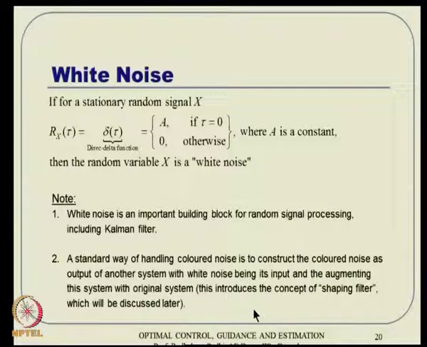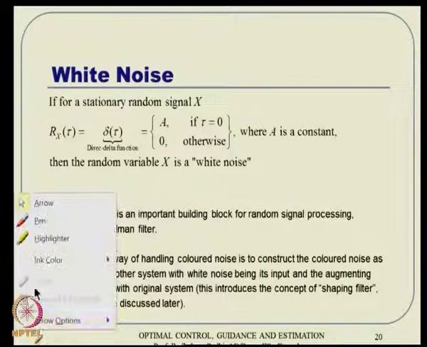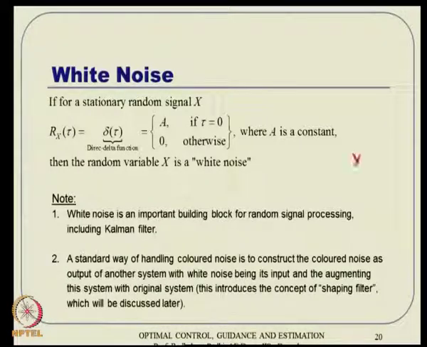For example, let me give an example here. Let us say you have x dot equal to x plus something like w, but w is not white now. Then what do you do? What you say is, okay, I will construct some sort of a transfer function or some function here, where I will give w1 as input and get w, but this is a dynamic system, remember that.